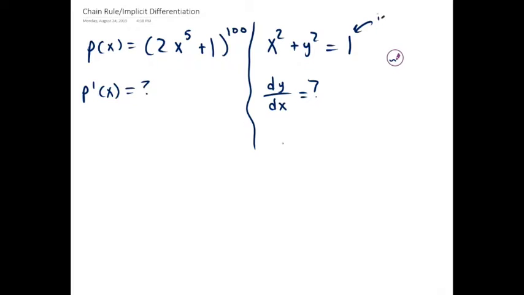This is implicit, because we haven't solved for y. We just have x's and y's mixed together. So we're going to figure out how to solve these problems.